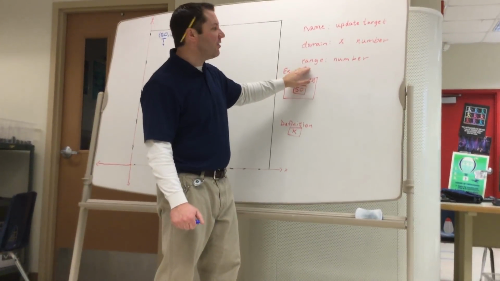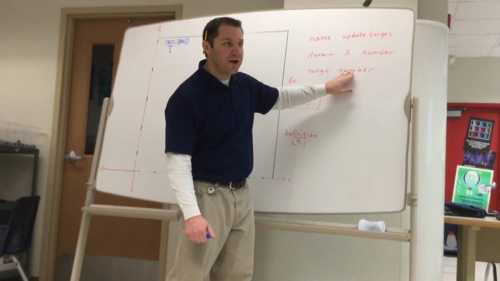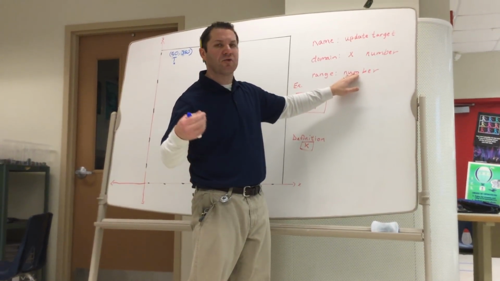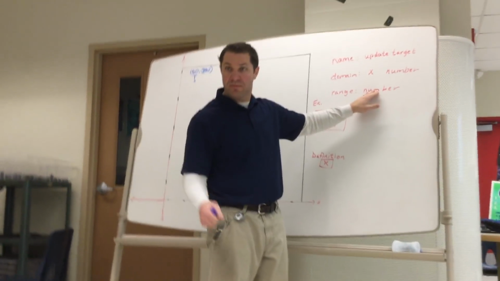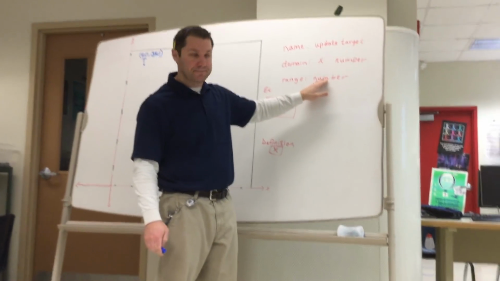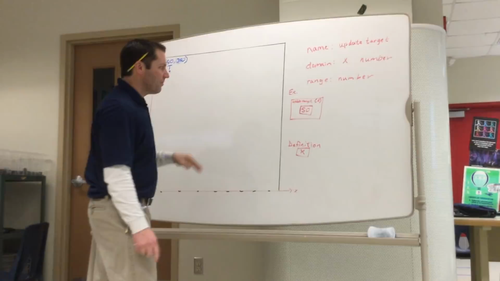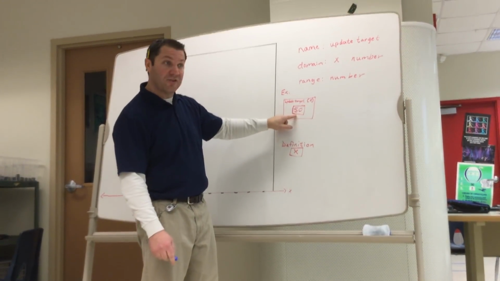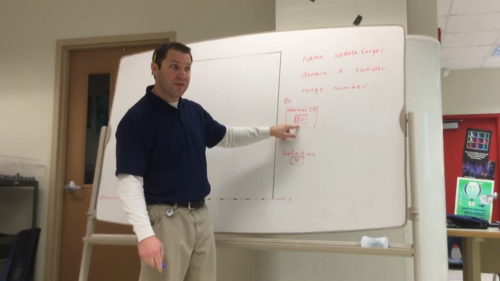Then the range, what we want it to produce is a number. That number represents the new x value after we made a change. Everybody with me so far? Okay? So right now, we have update target. It takes in an x, and x is a number, and I actually put in 50.